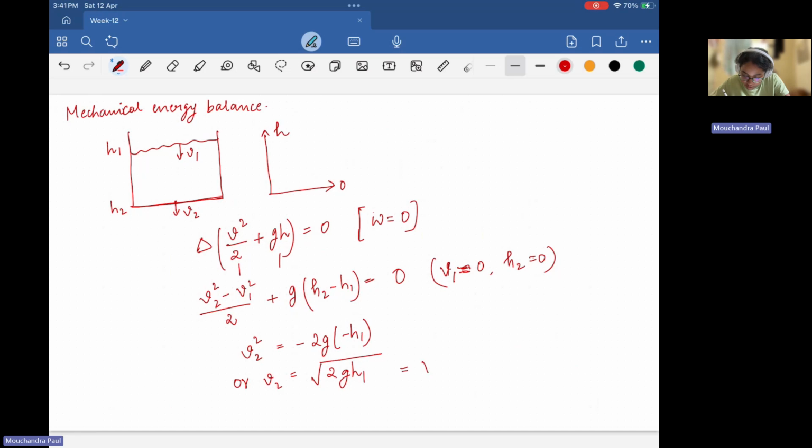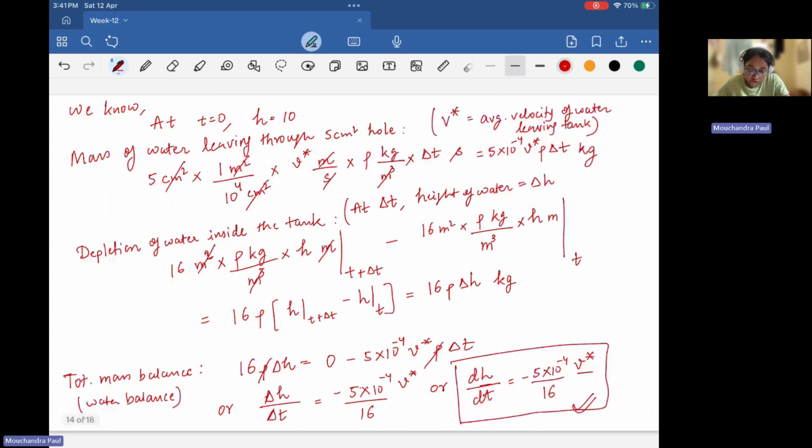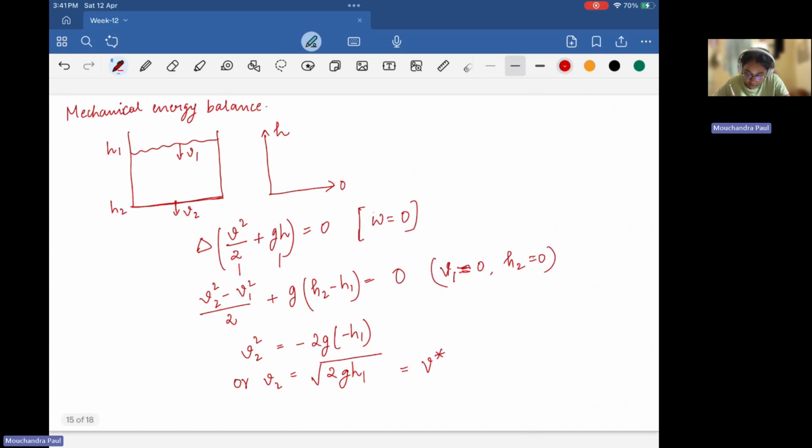What is V2 here in terms of the expression that we wrote? V2 is basically V star, the average velocity of water leaving the tank through this hole, right? That is V star. Because there is an aperture, there will be some turbulence, so we have to add a correction term to account for that. From fluid dynamics, that correction term is C, and has a value of 0.62.